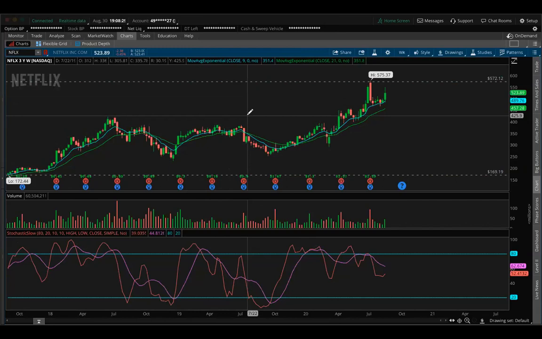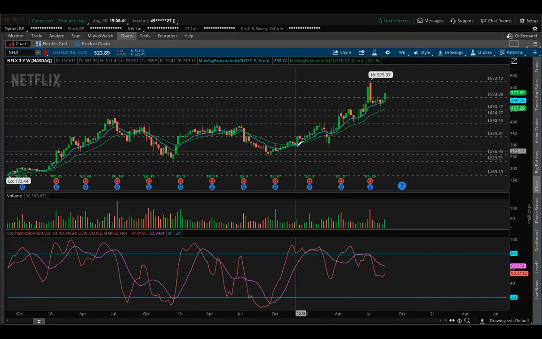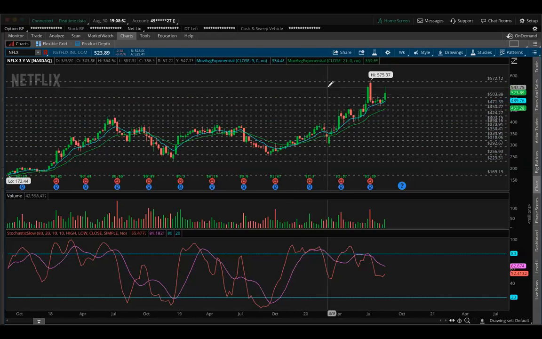You want to look for 3 different touches on the support and then the resistance, right? You want to look for 3 different wicks that touch, like this, that, that, there, there, there.